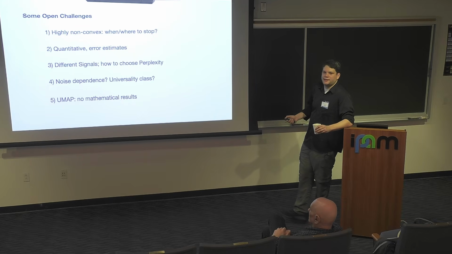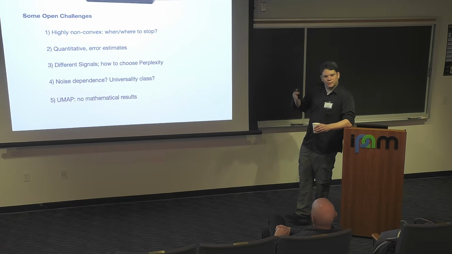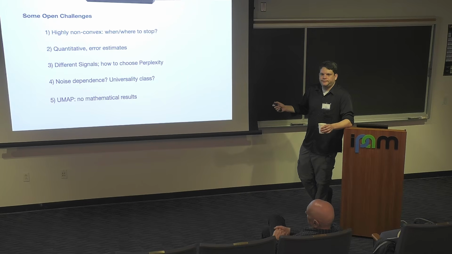How to choose perplexity? Here, in order to actually have a limit, you have to choose perplexity proportional to the number of data points. That's what people don't do. Okay, and some of the most recent results show that if you don't do this, things blow up. You don't see the clusters. So there is something there to be understood.